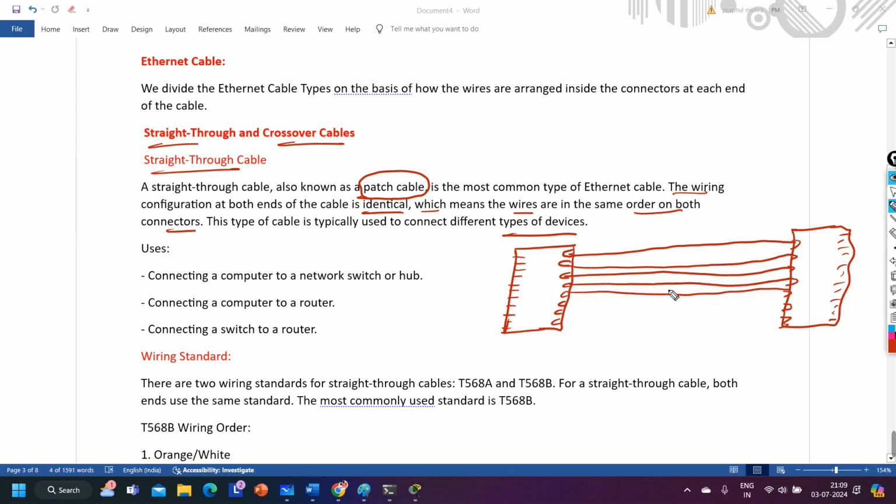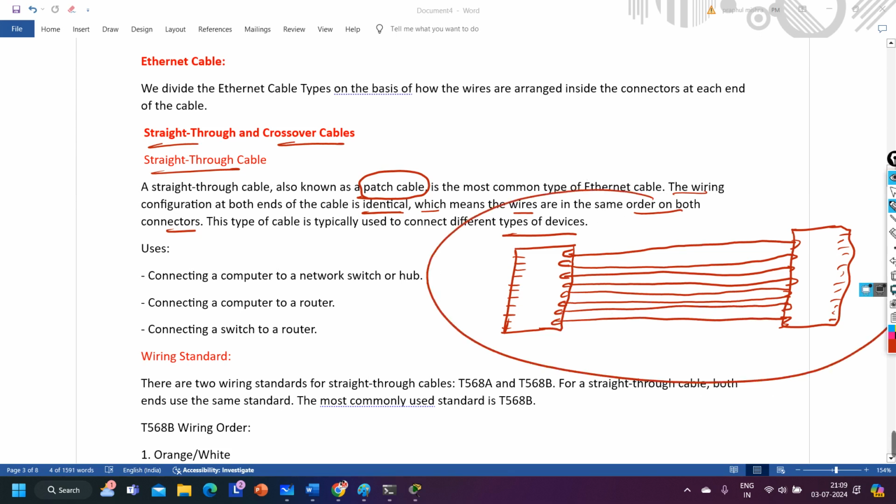Okay guys. This is which type of cable? A straight through cable. If the connection is like this, means each wire is directly connected with its counterpart, that means it is a straight through cable. So if you need to make a straight through cable, how will you make it, brother?